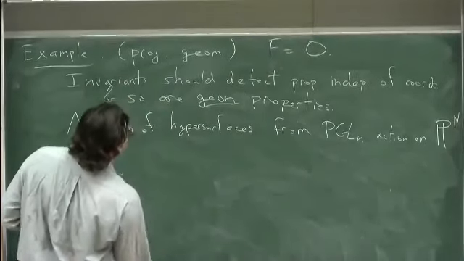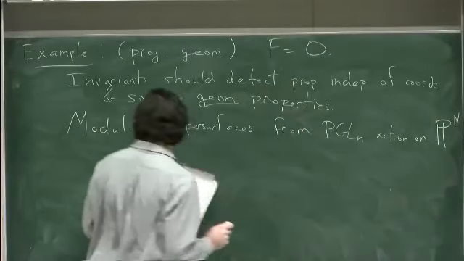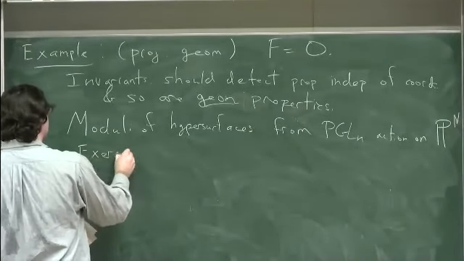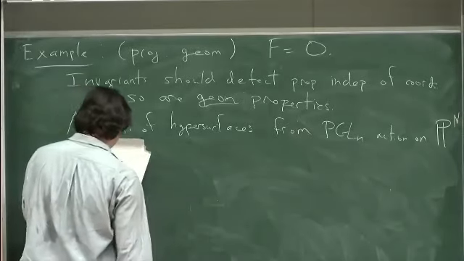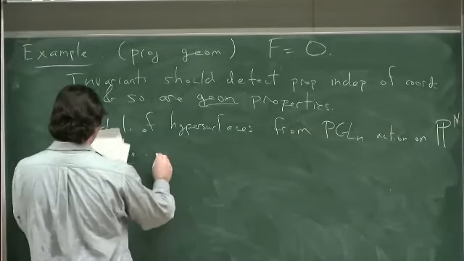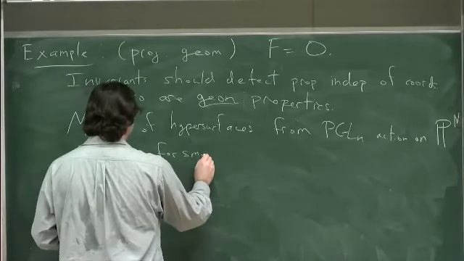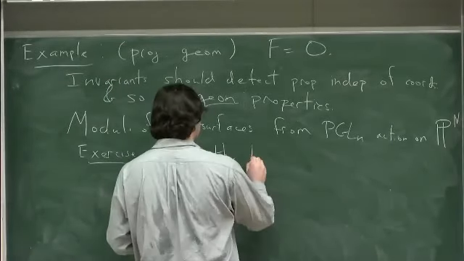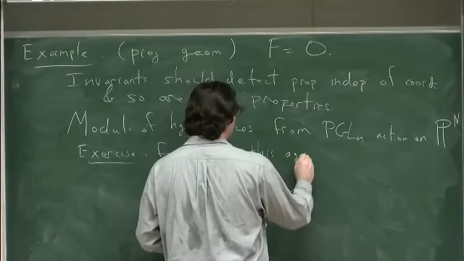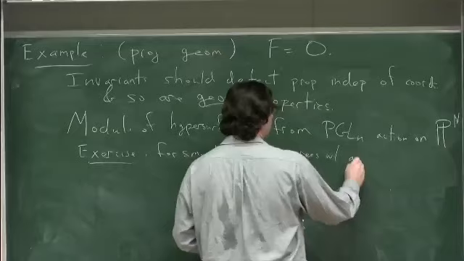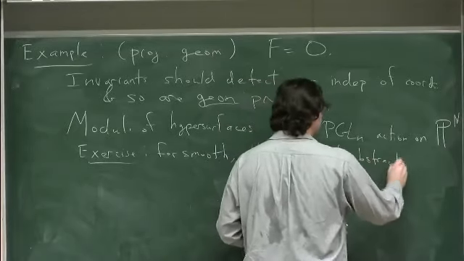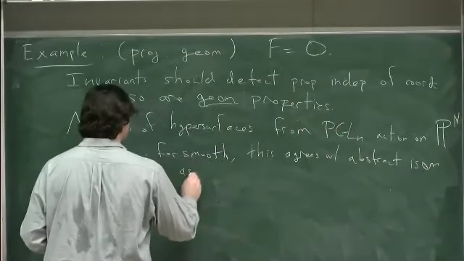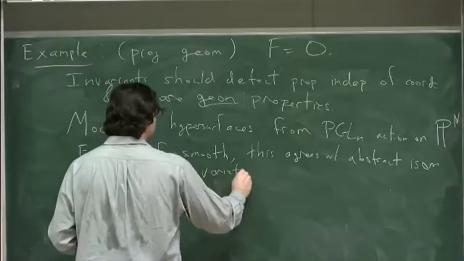You end up getting an action on a projective space. And it's sort of a fact, an exercise, if you like, early in Griffiths and Harris, that this notion of equivalence, at least for smooth things, agrees with abstract isomorphism as varieties. So it really is giving us moduli in our modern sense, used for smooth things.